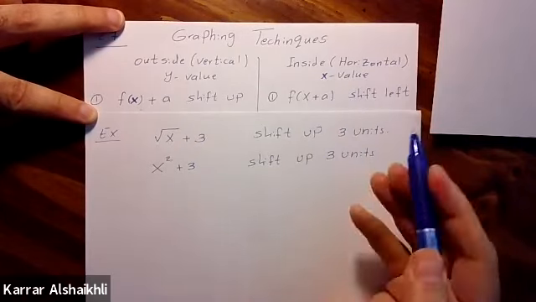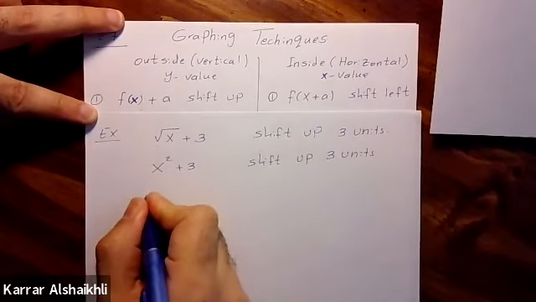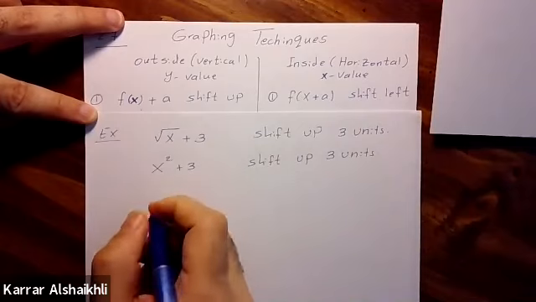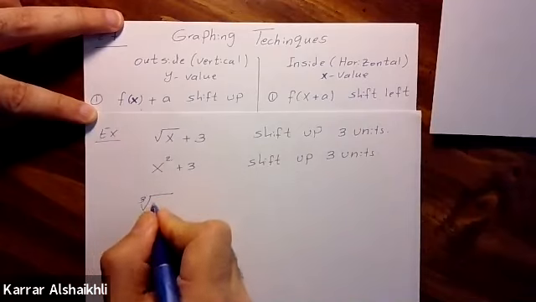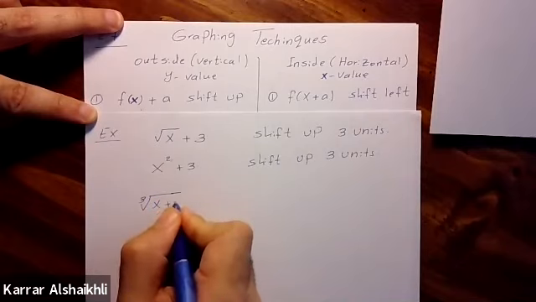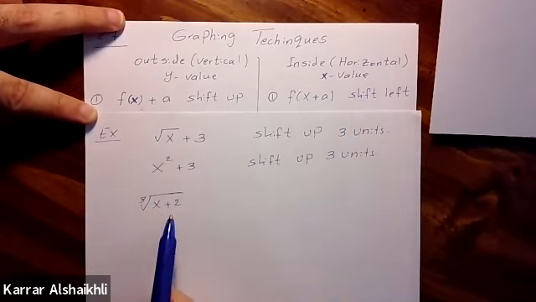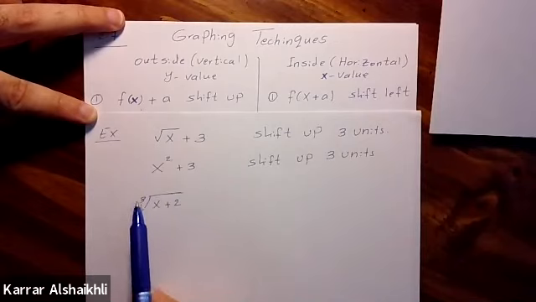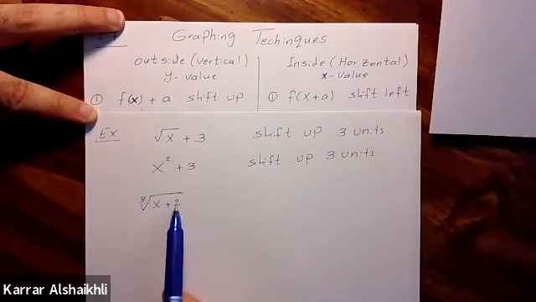Let's do an example about that. If we have the cubic root of x plus 2, you see the number here inside the parent function. The parent function here is the cubic root of x plus the number. You see the number inside the parent function.